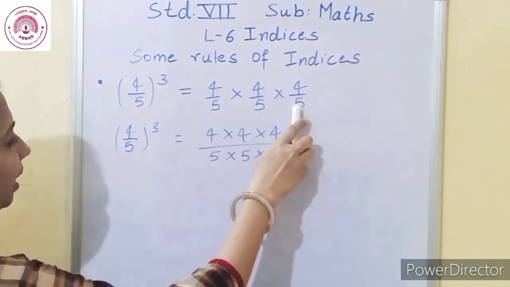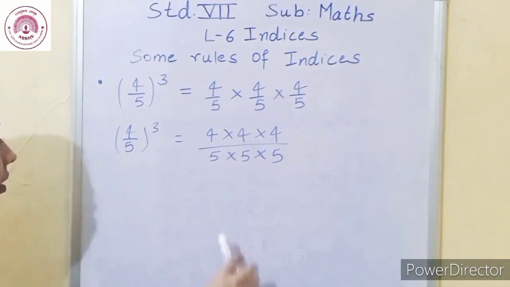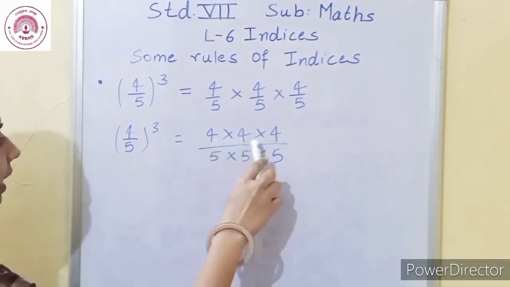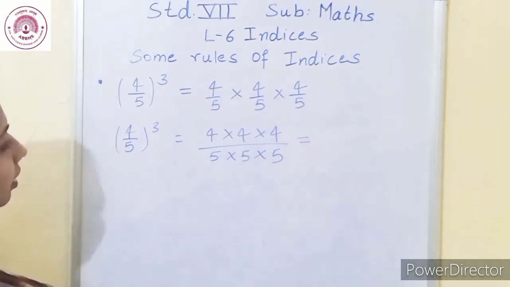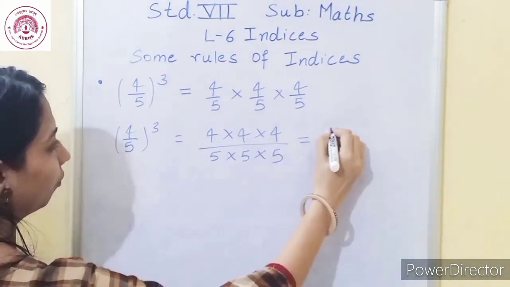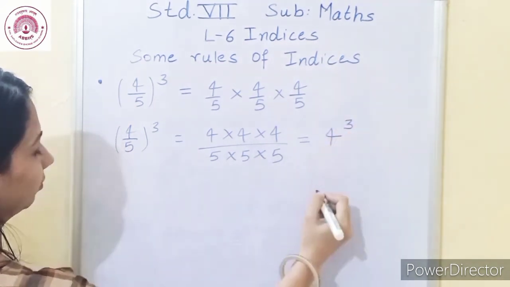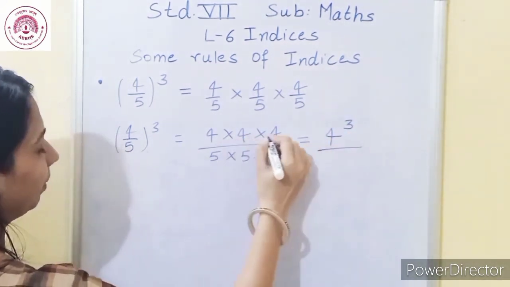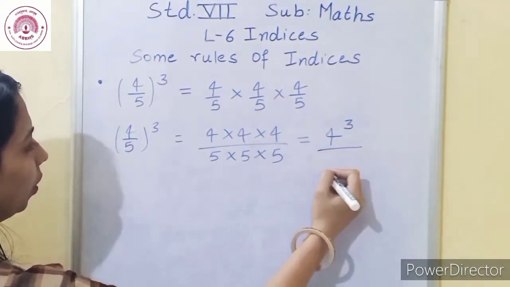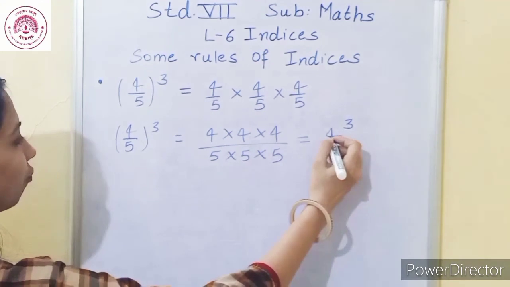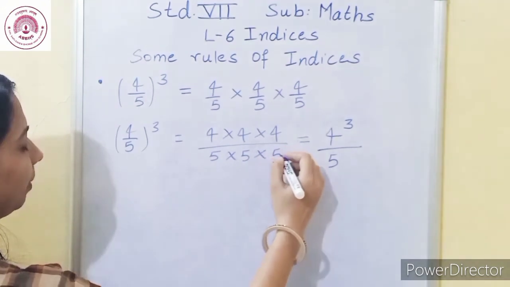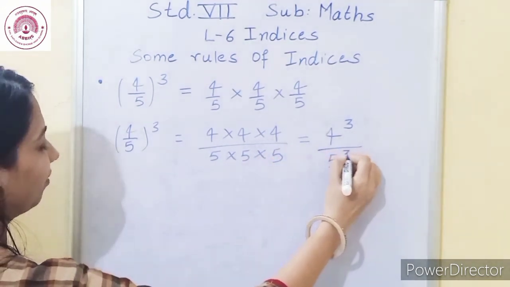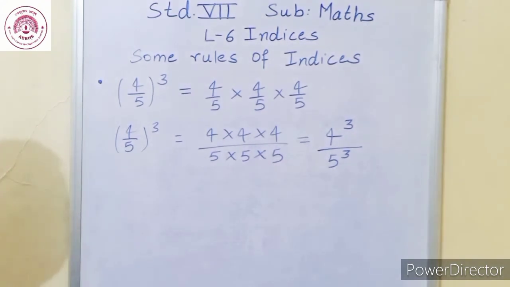When fractions are in multiplication, we can simply multiply the numerators and denominators. As 4 is multiplied by itself 3 times, in index form it can be written as 4 raised to the power 3, as well as 5 multiplied by 5 multiplied by 5 can be written as 5 raised to the power 3 or 5 cube.